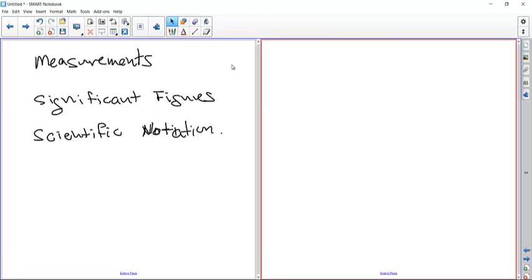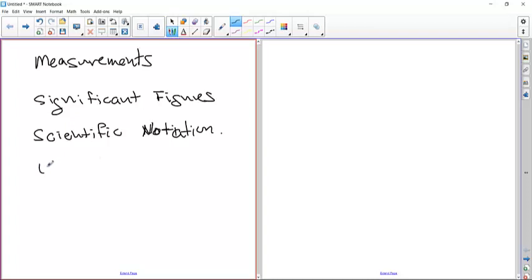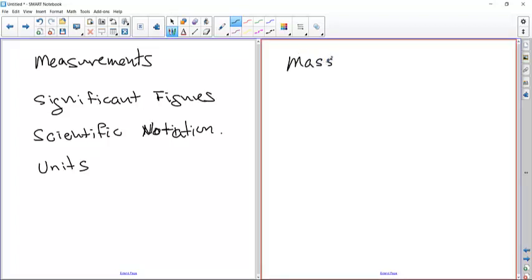So the other thing we talk about is units, because that kind of goes with measurements and significant figures. Okay, so let's talk about units first. A lot of this you've had before. In chemistry, you've dealt with units, and there are similar ones, but the main three units that are used, at least in the first semester of physics, are ones for mass, and in physics, the unit of mass is a kilogram, not a gram.